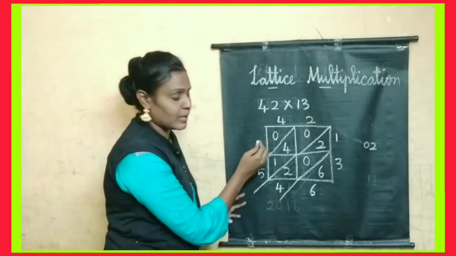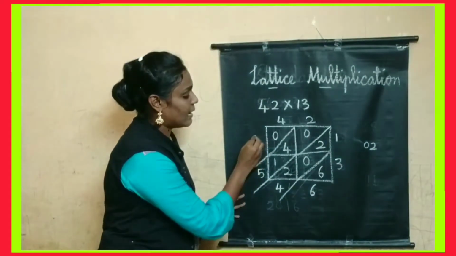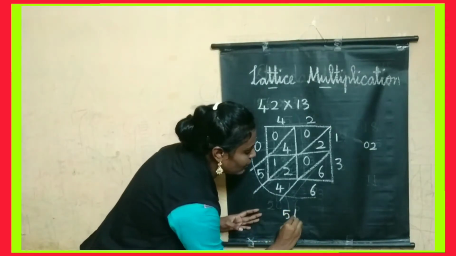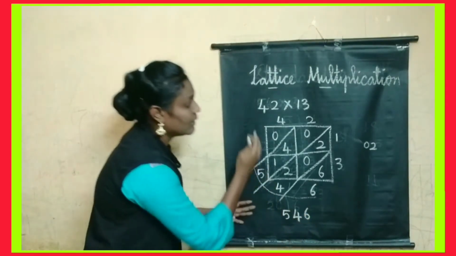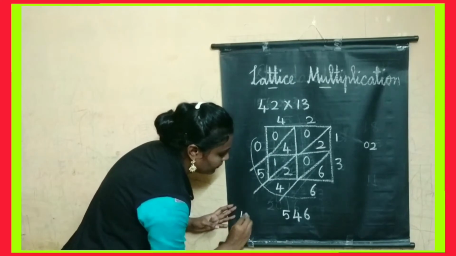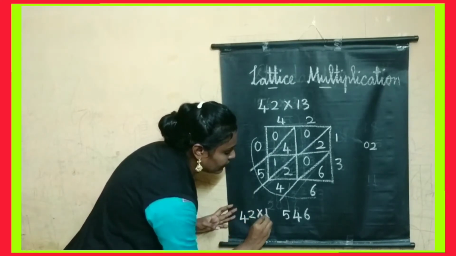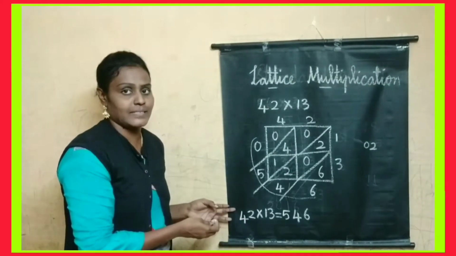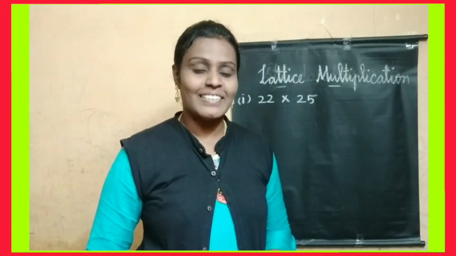Here we have 0. So, the answer is 546. 42 multiplied by 13 equal to 546.